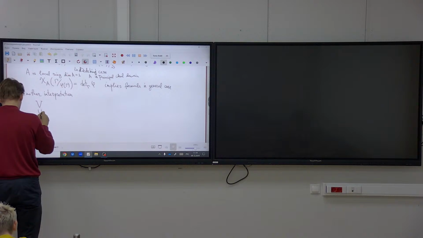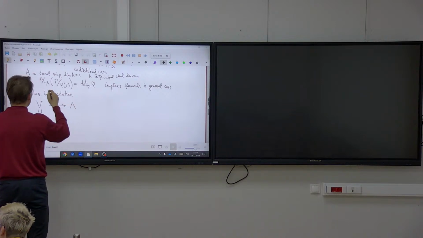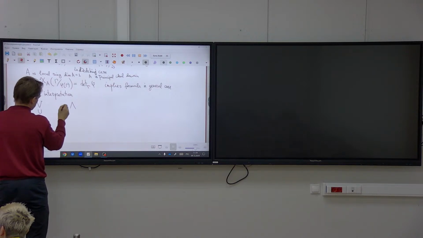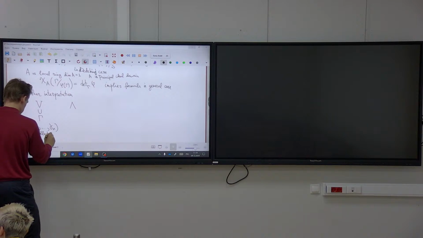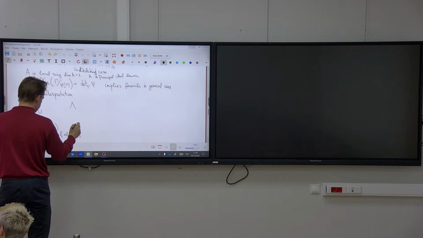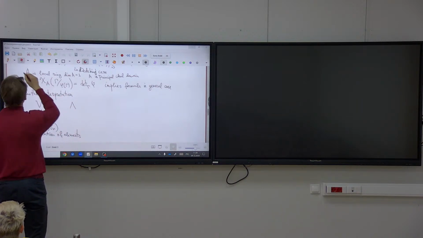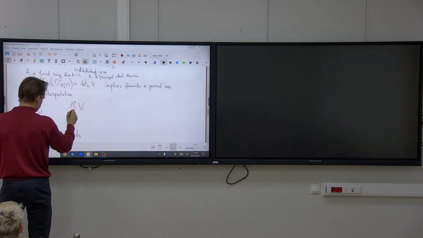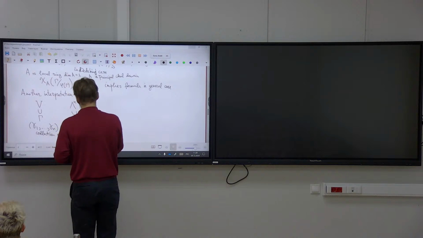If you have V and you have gamma here, given a basis, given a collection of elements gamma 1, ..., gamma n, you can map it to lambda n of V.